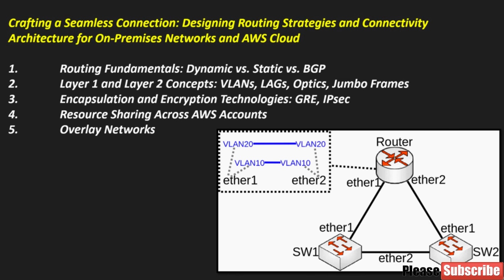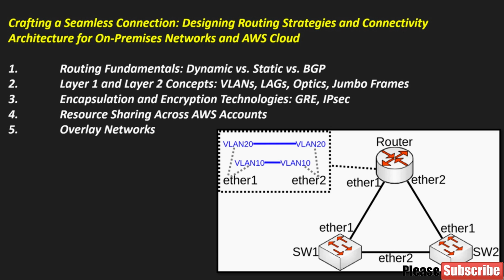The second will be layer 1 and layer 2 concepts. What are VLANs, LAGs, optics, and jumbo frames? Also we have to discuss some other points. As I told, layer 1 and layer 2 concepts are very crucial for establishing a physical interconnection between on-premises networks and the AWS cloud. VLANs, virtual local area networks, help in logically segmenting the network, enhancing security and manageability.